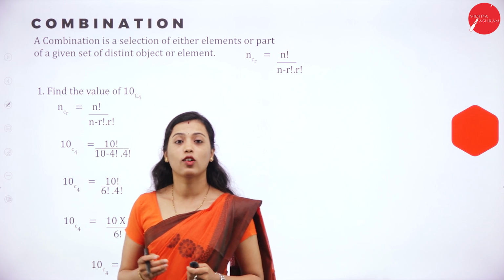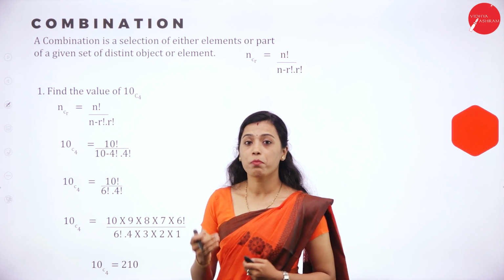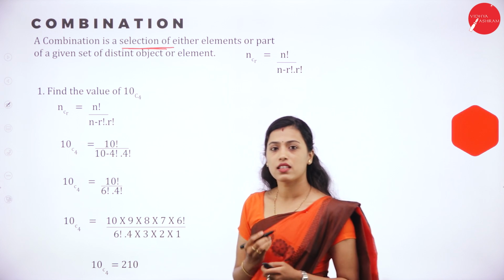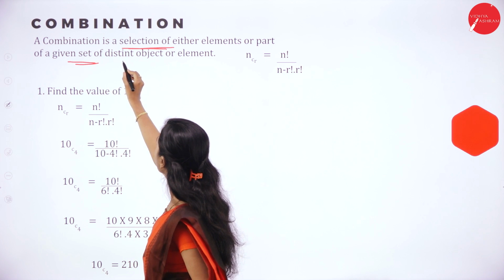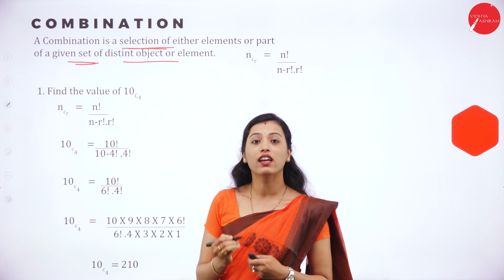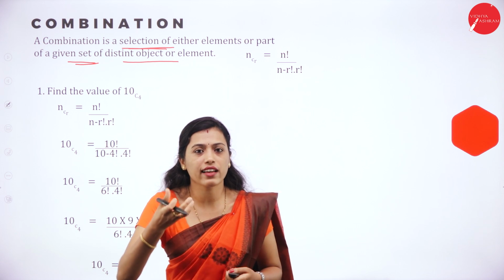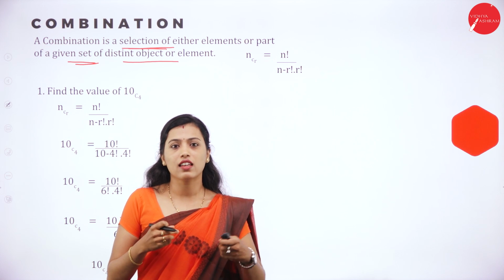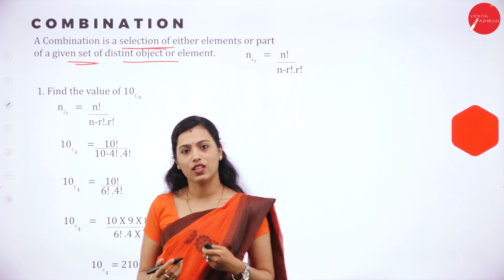Next topic is combination. What do you mean by combination? Combination is a selection of either elements or part of a given set of distinct objects or elements. So combination is a selection. First we will make selection, then we will arrange them. It is called combination.